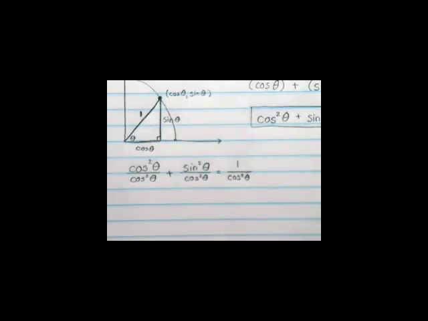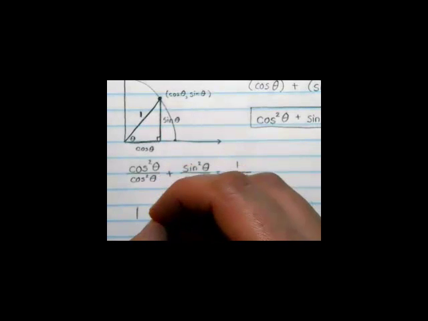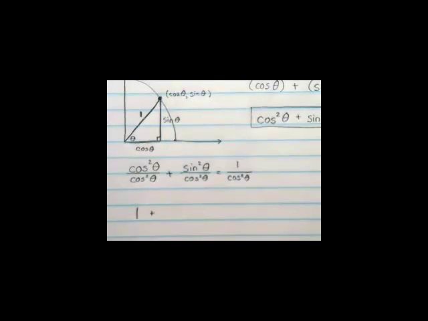So what is cosine squared divided by cosine squared? 1, okay. And then what is sine squared divided by cosine squared? Tangent squared, right?